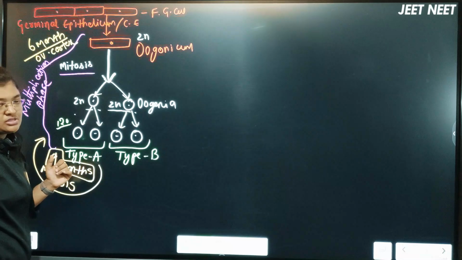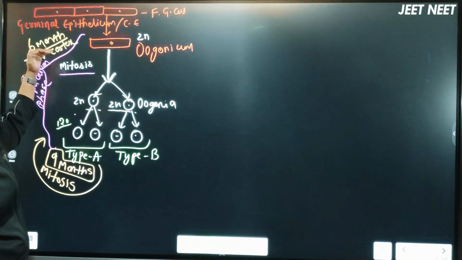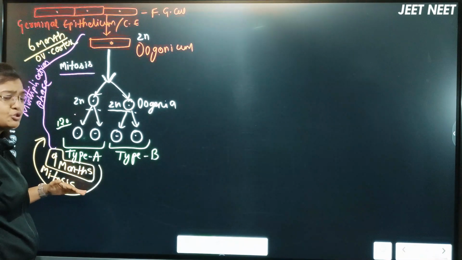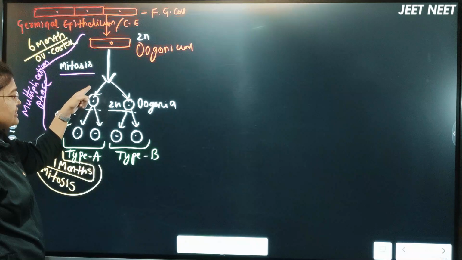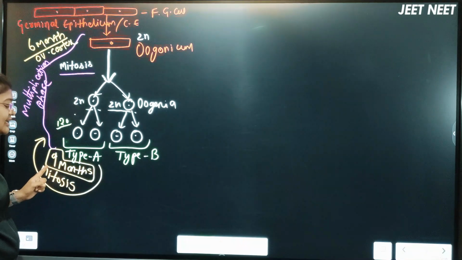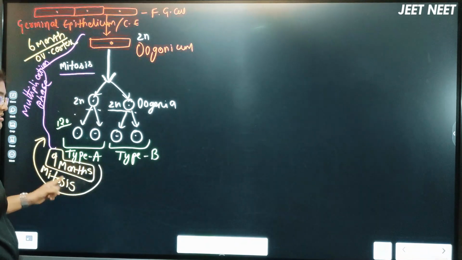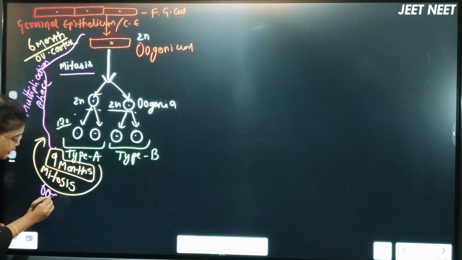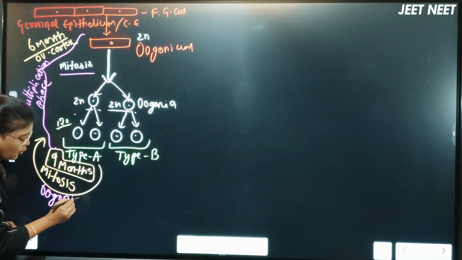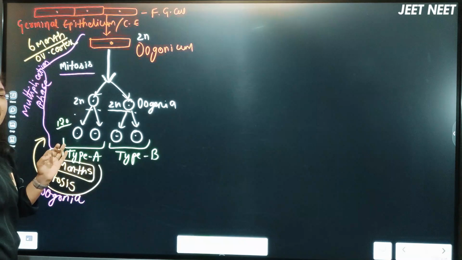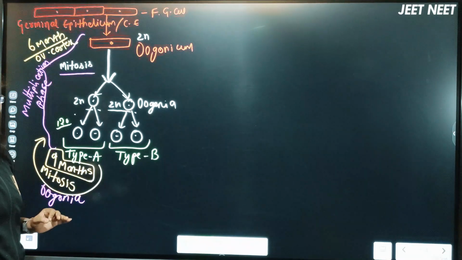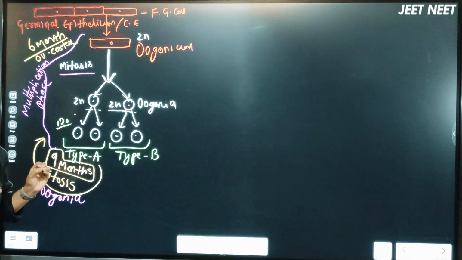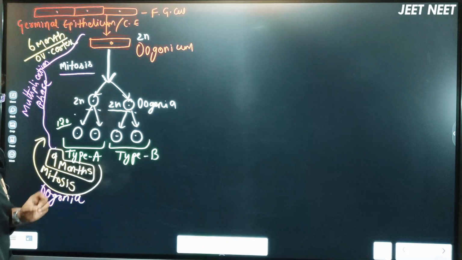Mitosis. Continuously right from the 6th month up to 9 months, this mitosis division will happen, where until 9 months the type A cells will undergo division and continuously produce what here? Oogonia.